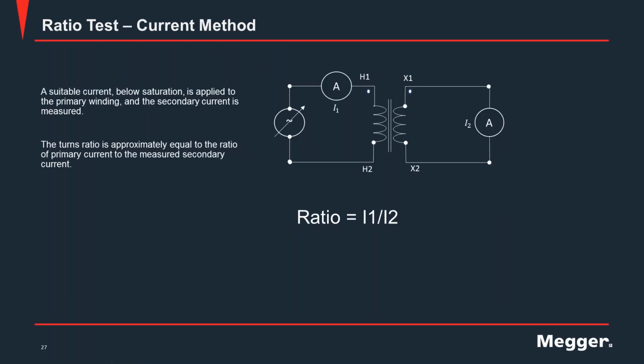Looking first at the current method, a suitable current below saturation is applied to the primary winding, and the secondary current is measured, as you can see in the diagram. Then the turns ratio is approximately equal to the primary current divided by the secondary current.